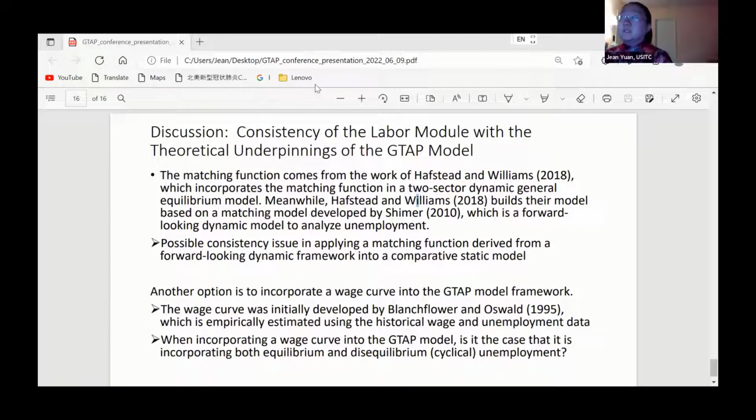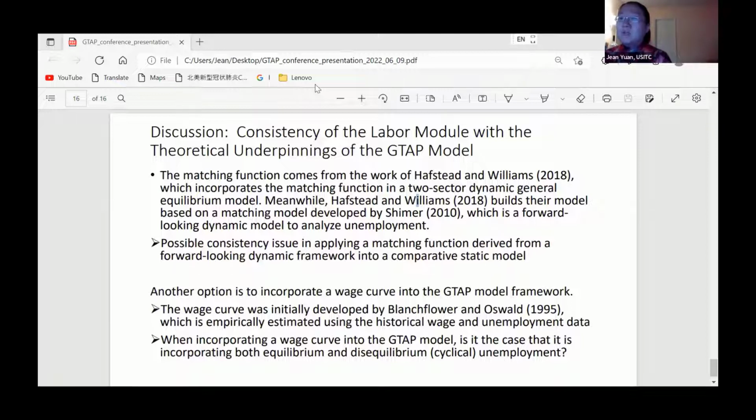But this substitution elasticity is looking at how substitutable the matched workers are for the existing workers, so in terms of how easily workers get matched or flow into each sector. Currently, as I was indicating, it is 2.5 for all the sectors, for both unskilled and skilled labor.